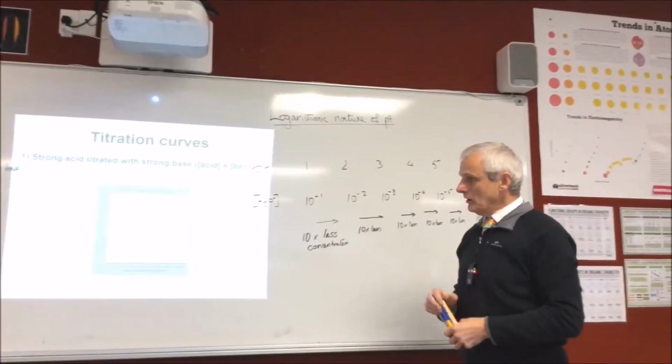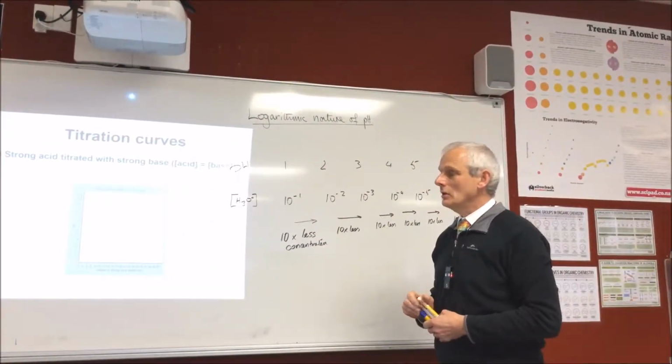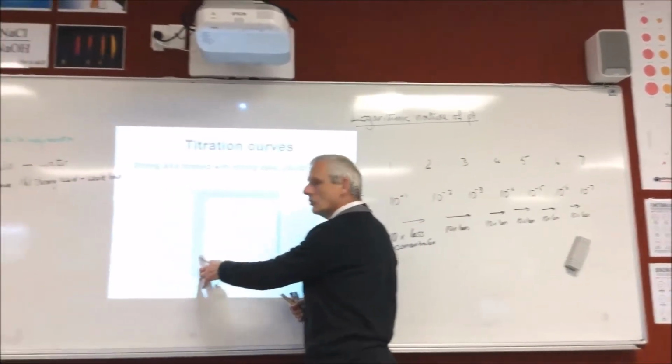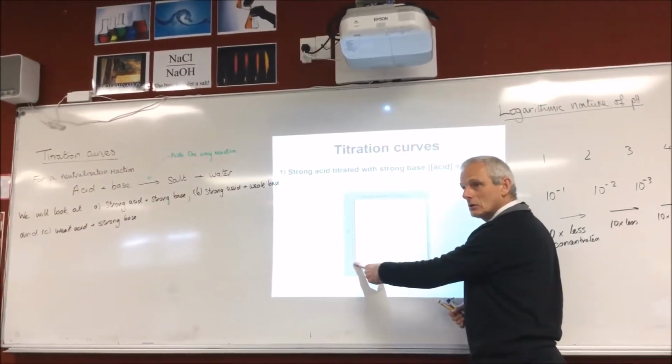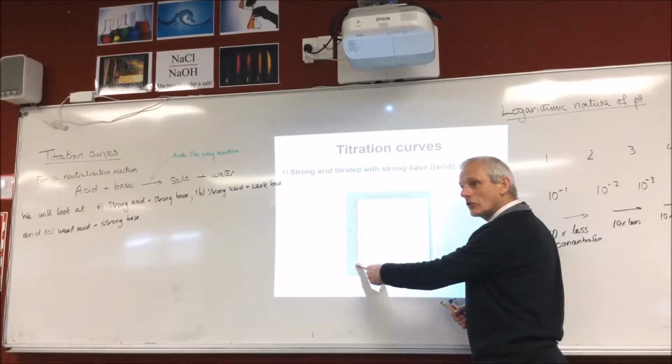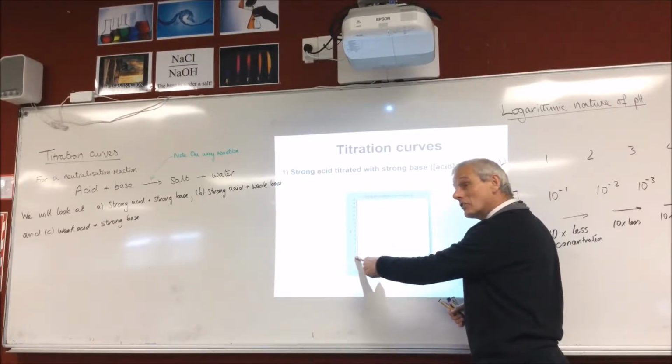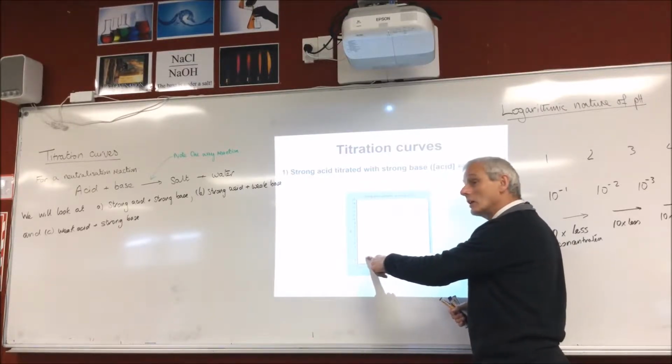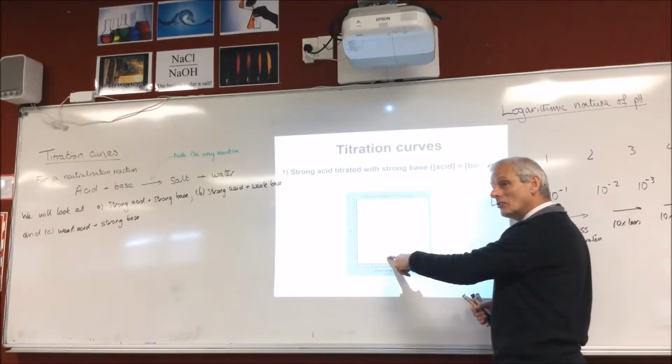And you can see there's a number of features. First of all, you start off with a low pH value, because you're starting off with a strong acid. The first thing to notice is that as you're adding base to it, the pH isn't changing very much.